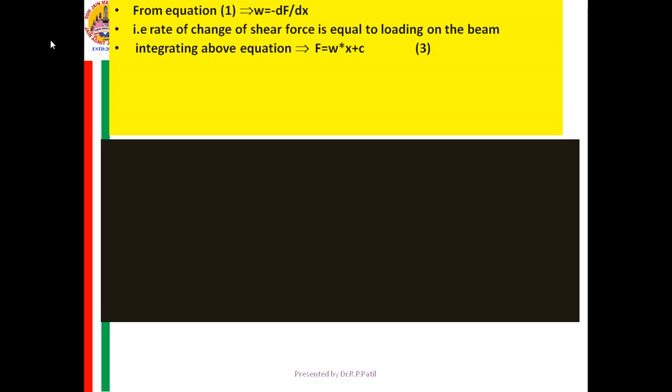Like Y is equal to Ax square plus C. It is second order in x. It will appear as a parabola.